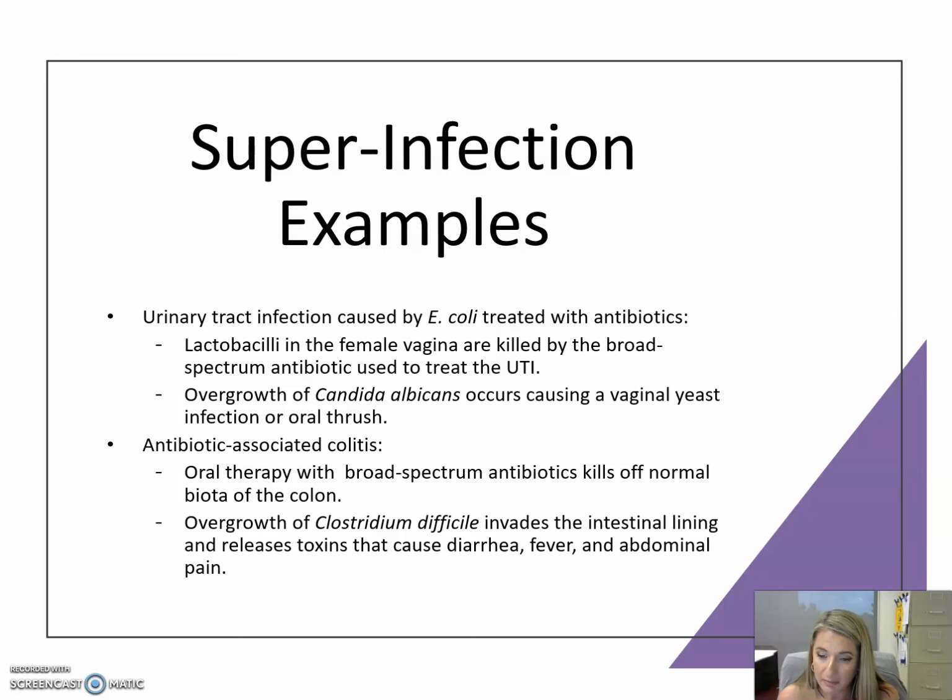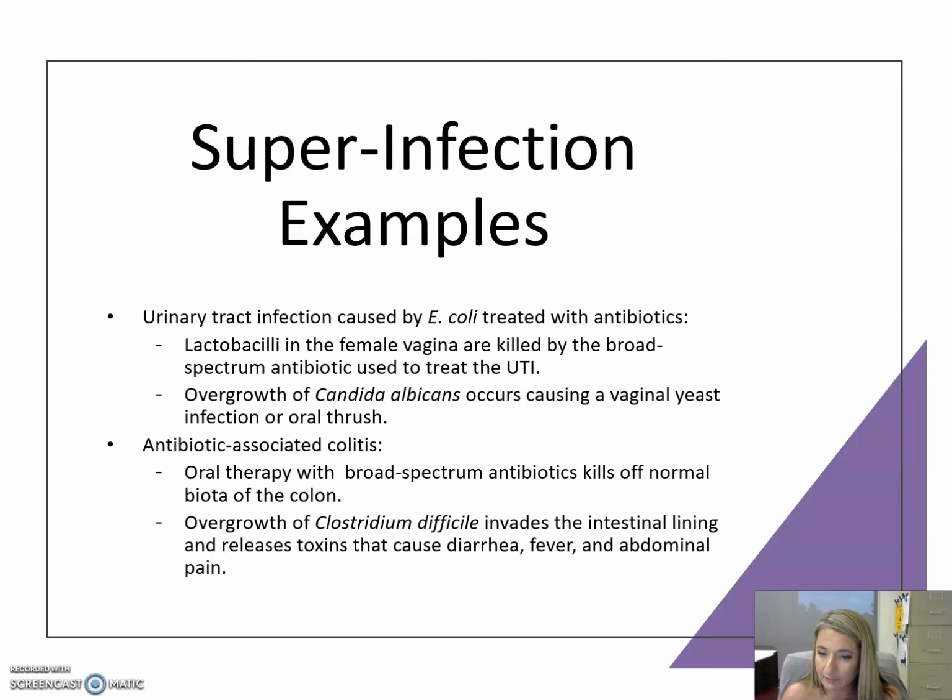But at the same time, that broad-spectrum antibiotic wipes out your healthy bacteria in the vagina, which are lactobacilli. Lactobacilli are supposed to be in the female vagina. They actually keep the environment acidic and prevent yeast from growing out of control. But if you take a broad-spectrum antibiotic to get rid of another infection, that can also get rid of the lactobacilli in the vagina.